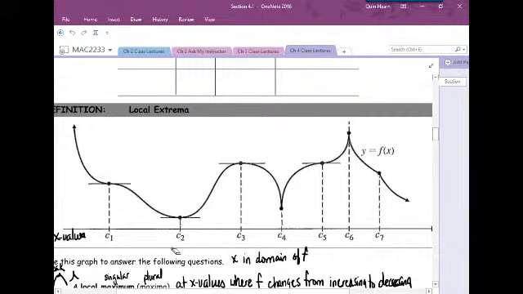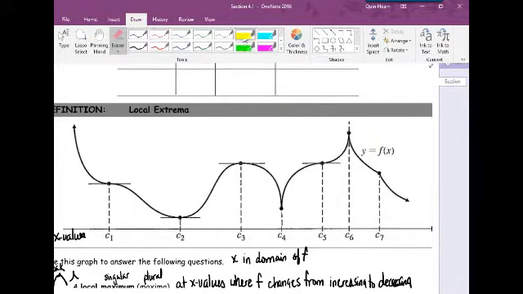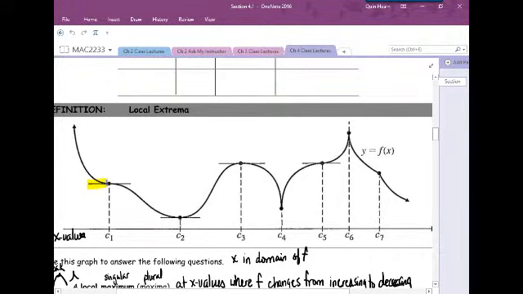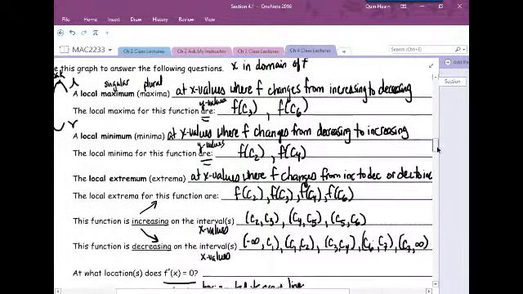C1, C2, C3, and C5. Good, Karina. Okay. So these horizontal tangent lines are drawn in for us, which is nice, but it's going to happen anywhere that the graph kind of flattens out. And so we see C1, C2, C3, C5.